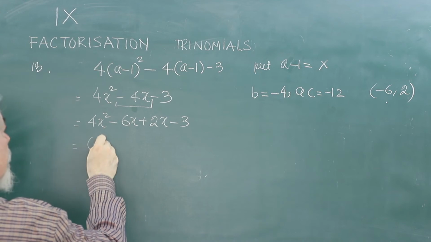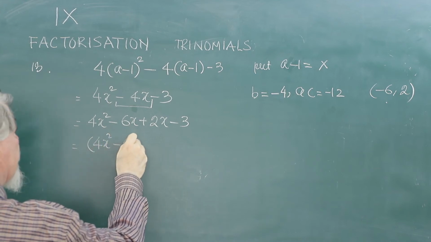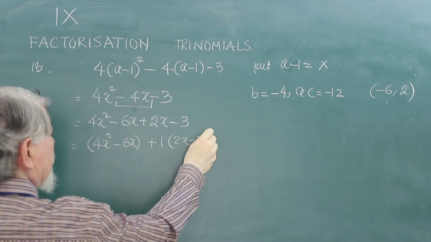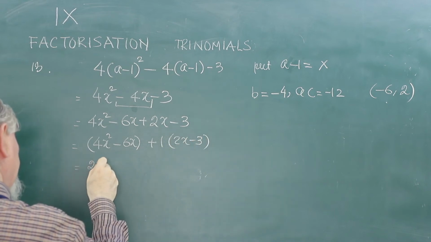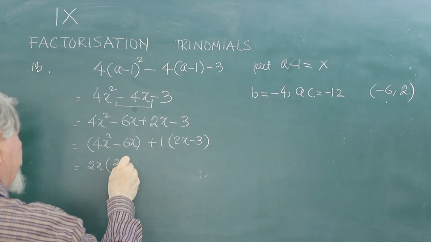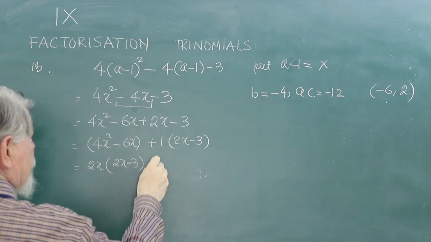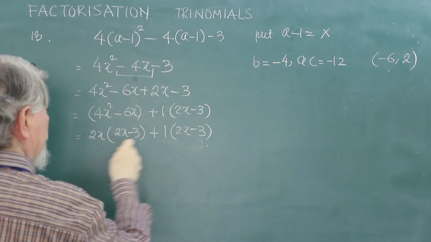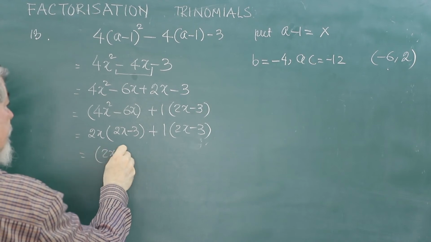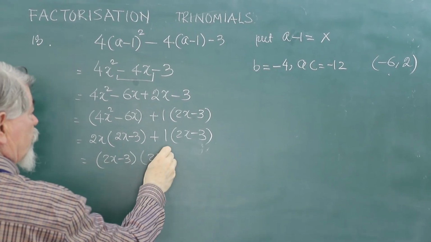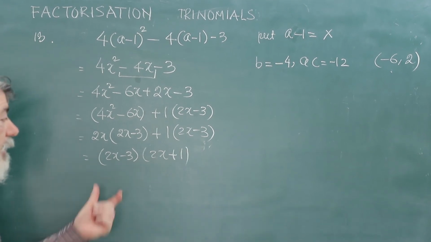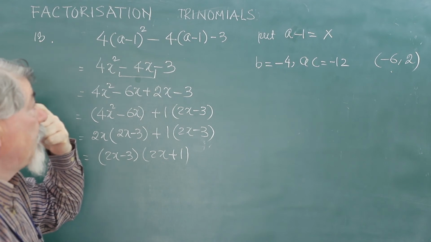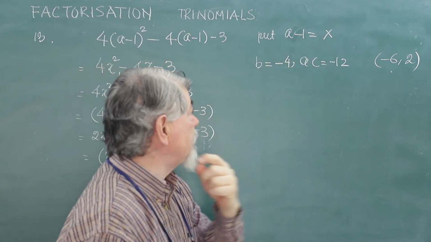We'll make the pairs: 4x square minus 6x, plus 1 times 2x minus 3. Here 2x will be common. So 2x minus 3 plus 1 into 2x minus 3. 2x minus 3 and 2x plus 1. But I cannot leave the answer in x because the question was in terms of a, and I had substituted a minus 1 as x.